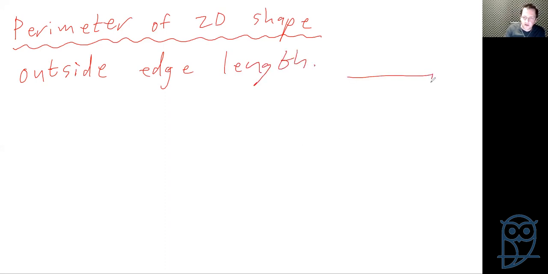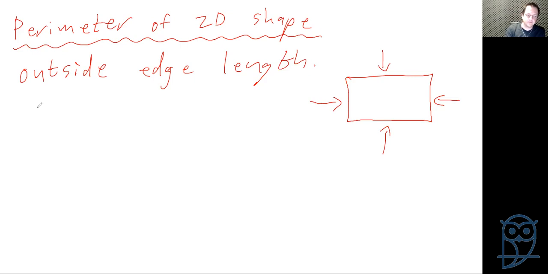If you have a rectangle, for example, it is this side plus this side plus this side plus this side. If you have a 3D shape, you can calculate the length of the edges, but it's not really considered very useful. Only if you look at a face of your 3D shape and focus on that does it become something, but then you're only working with a 2D shape, and it essentially becomes perimeter anyway.